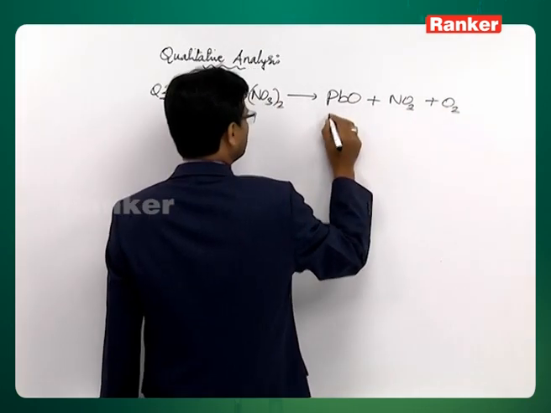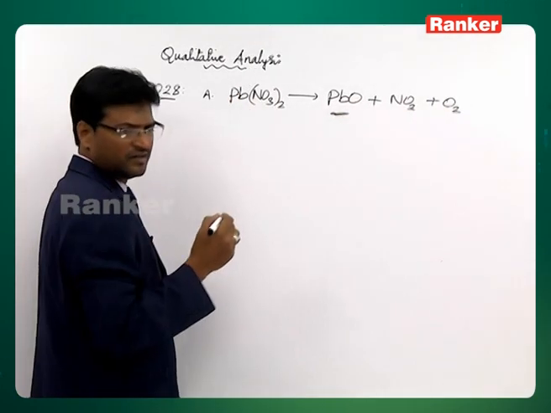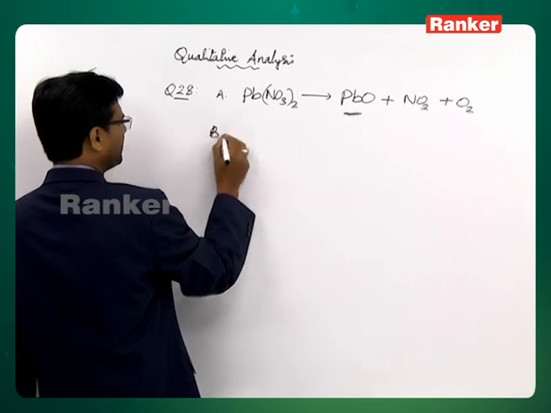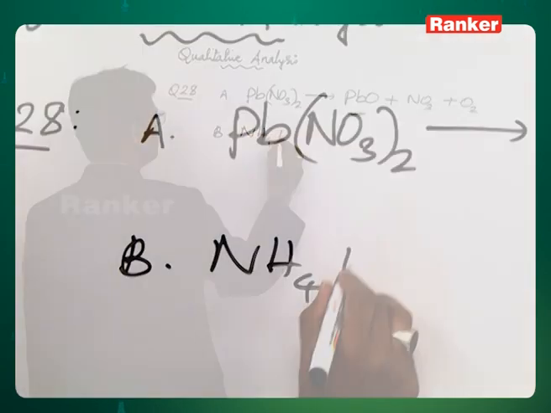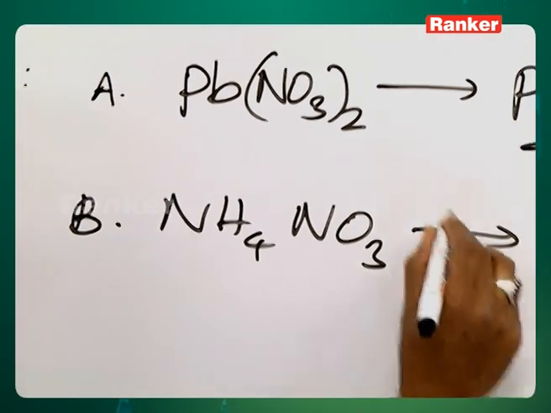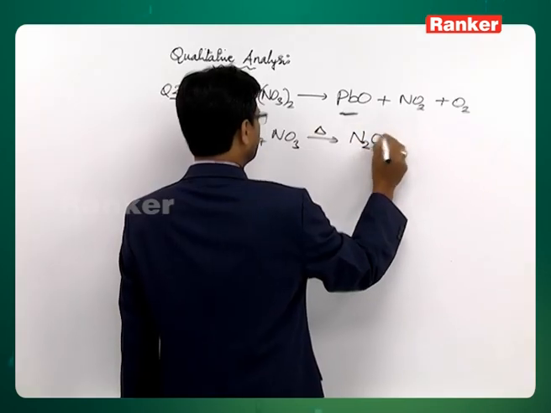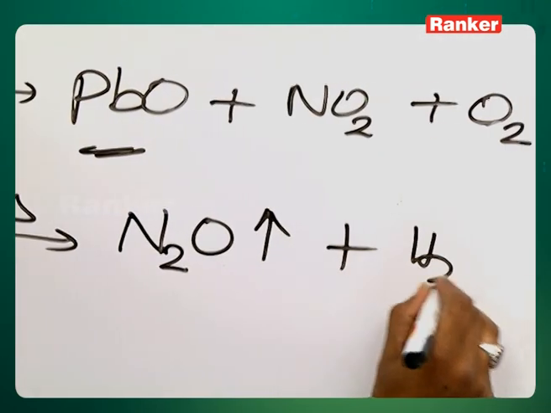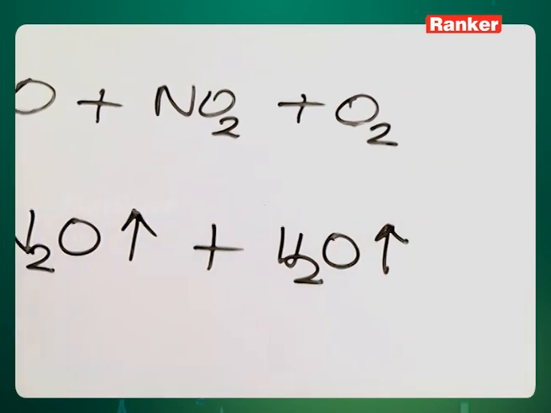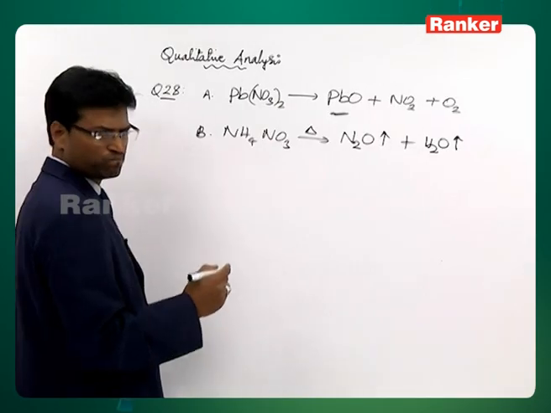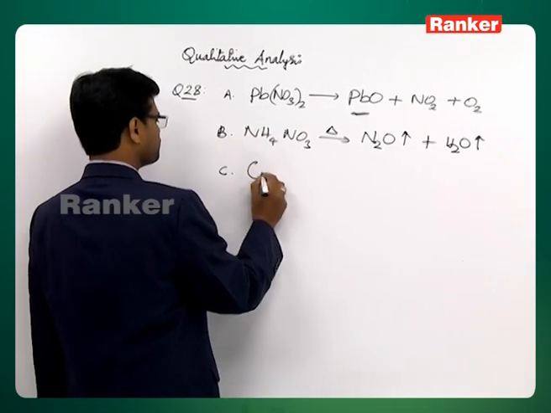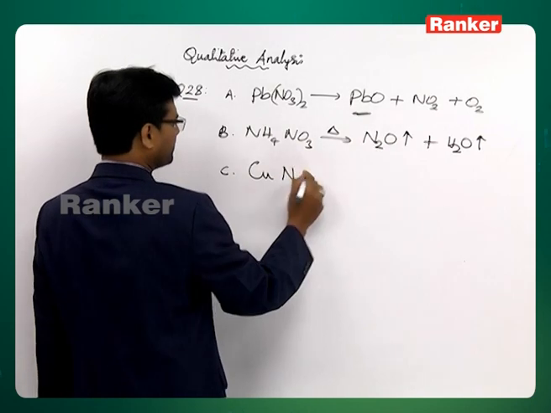This is the residue which is left out. Ammonium nitrate, on the other hand, when heated, gives N2O gas. Water also escapes out because the temperature is high. So no residue is left out.